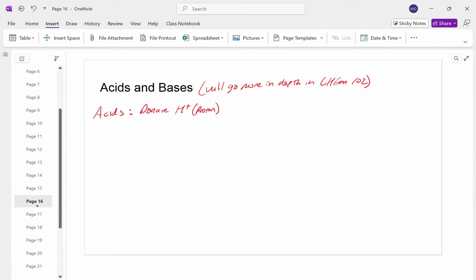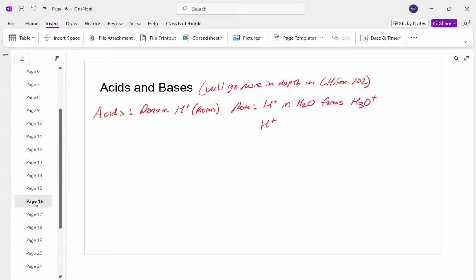Now, because most of the time the acids that we deal with, especially in GChem, are in water, it's important to note that H+, when it's in water, forms an ion called hydronium.